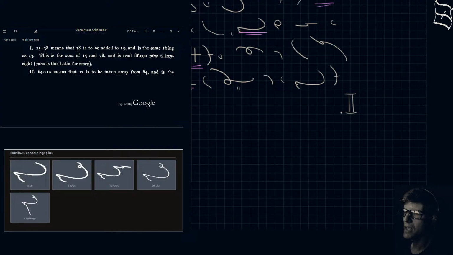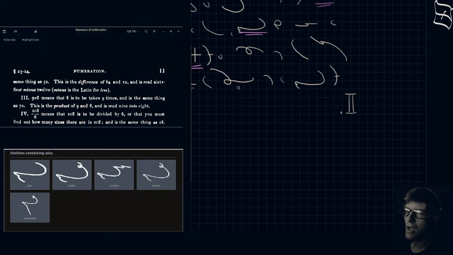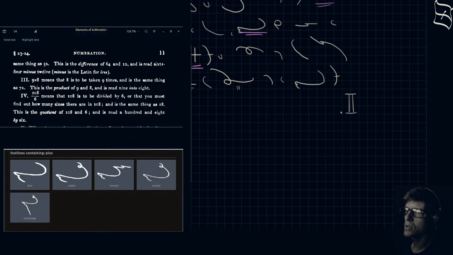He gives an example: 64 minus 12 means that 12 is to be taken away from 64 and is the same thing as 52. This is the difference of 64 and 12 and is read 64 minus 12. Minus is the Latin for less.